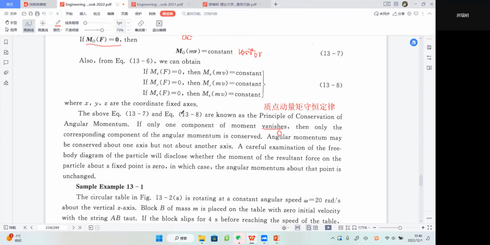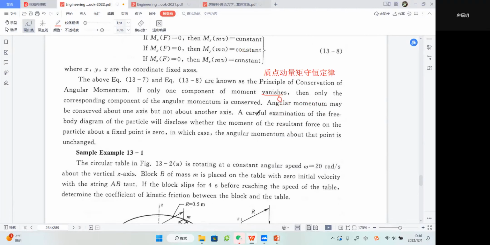For example, if Mx(F) equals 0, then only the corresponding component of the angular momentum is conserved, 是守恒的, will keep its original value and never change along this axis. So angular momentum may be conserved about one axis, but not about another axis.